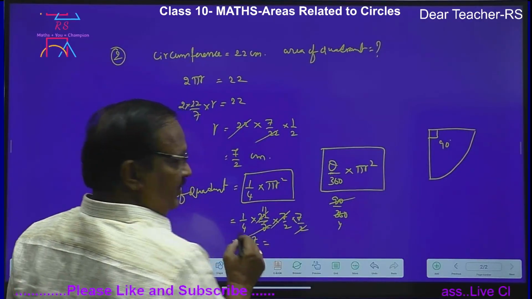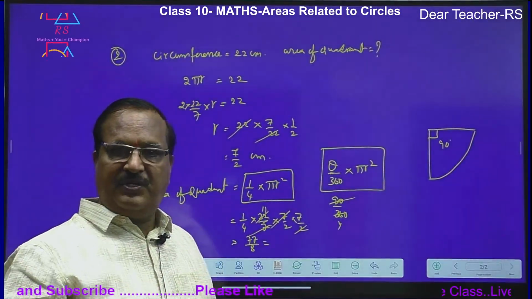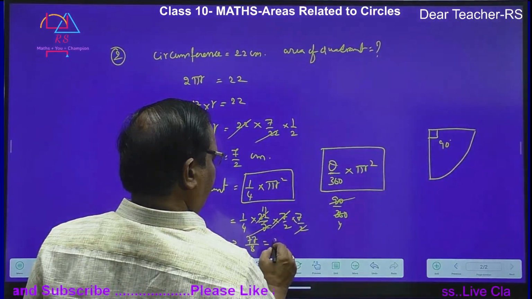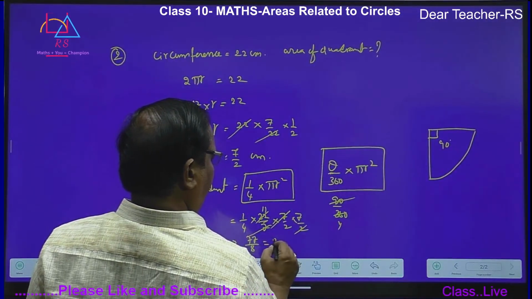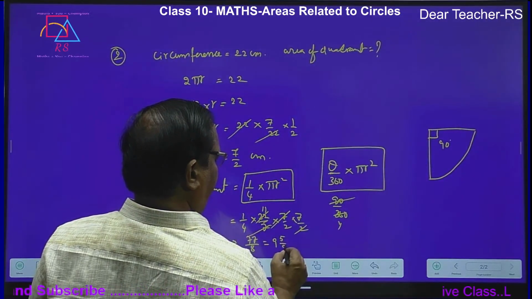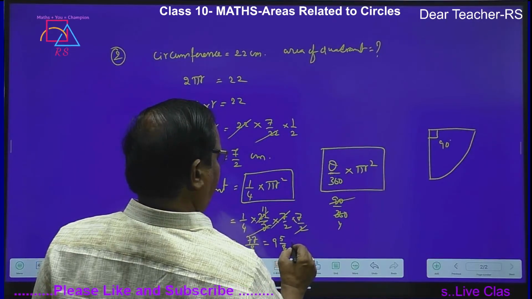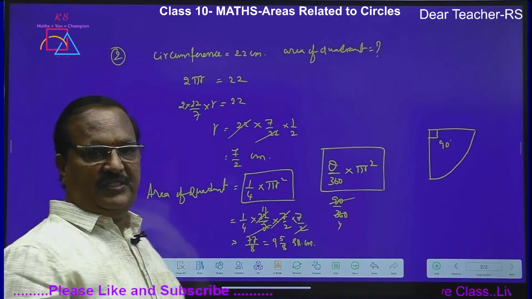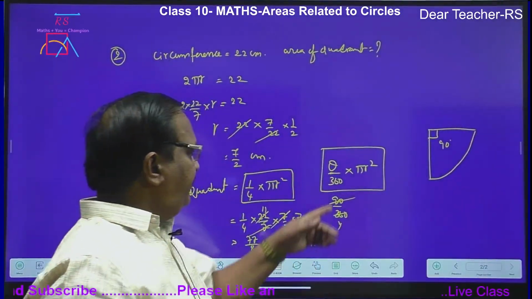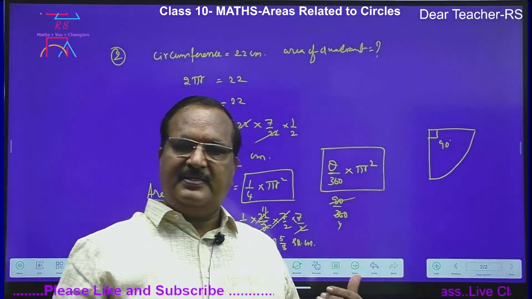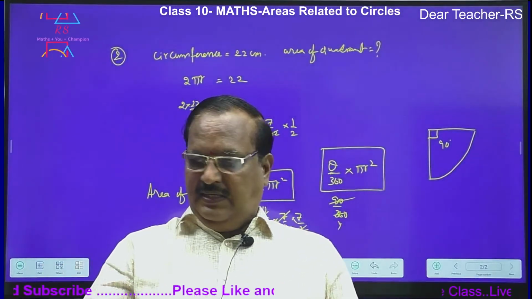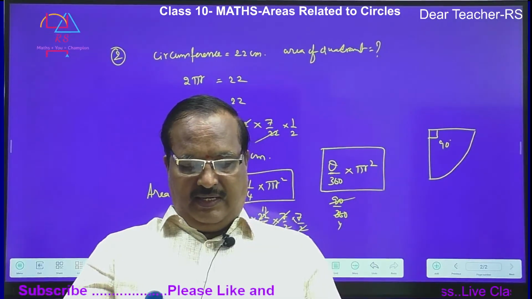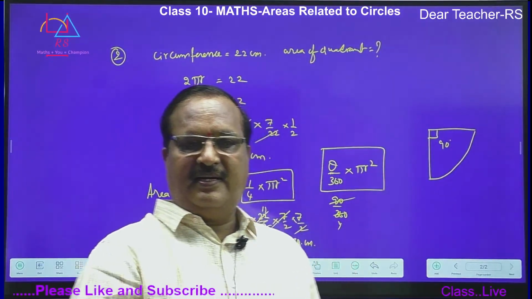It is an improper fraction, so you have to convert it into a mixed fraction: 9 and 5 by 8 square centimeter. So this is the answer. Even if you do it like this, you will get the same answer. Okay, so let us go to the third question.